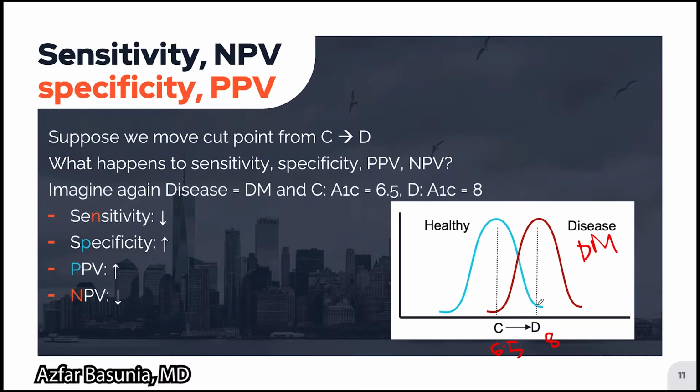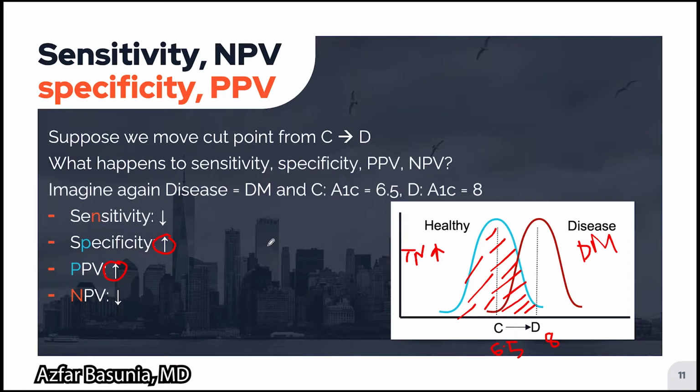Note that when the cut point is at D, the number of healthy patients who may have borderline A1C, such as 6.6, 6.7, but who do not have diabetes, increases. That is, the true negative rate increases.